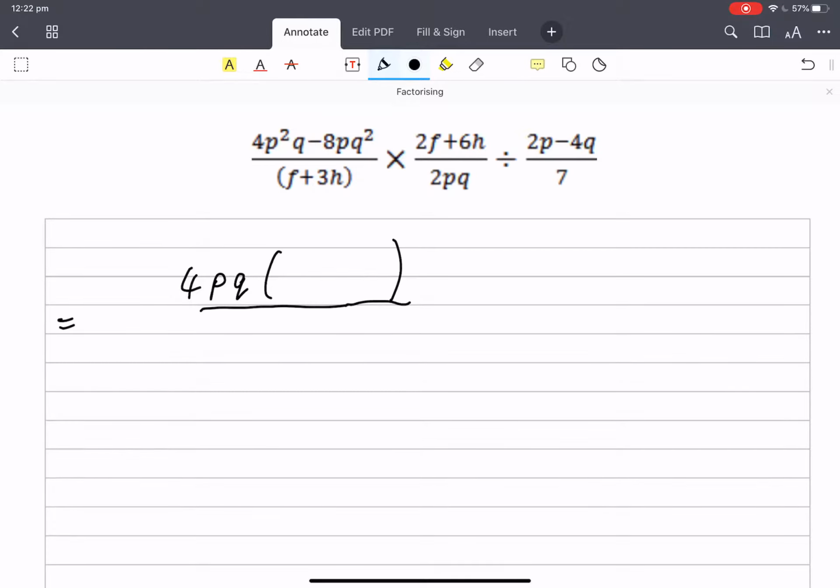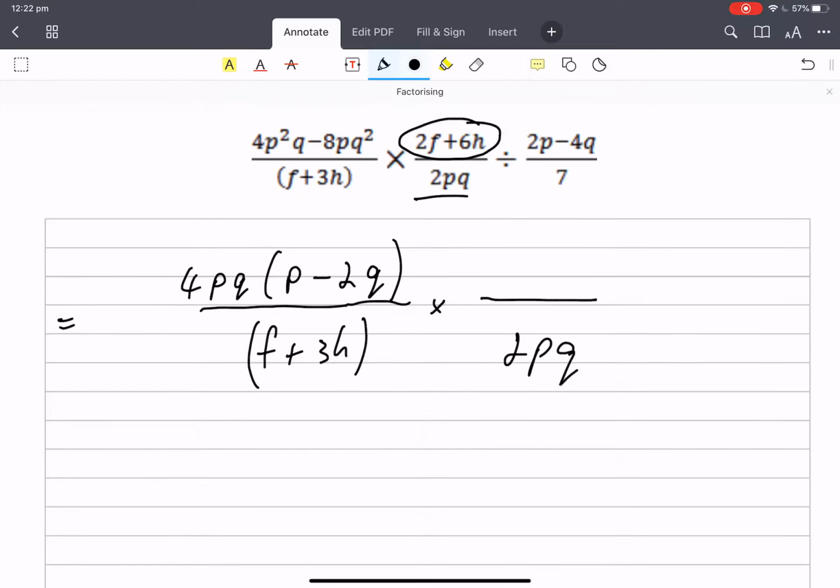The only thing left will be a P. So that's going to be a minus 2Q, F plus 3H, times. The bottom's easy. 2PQ.